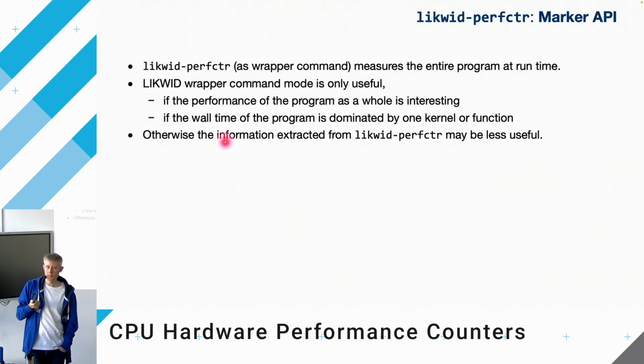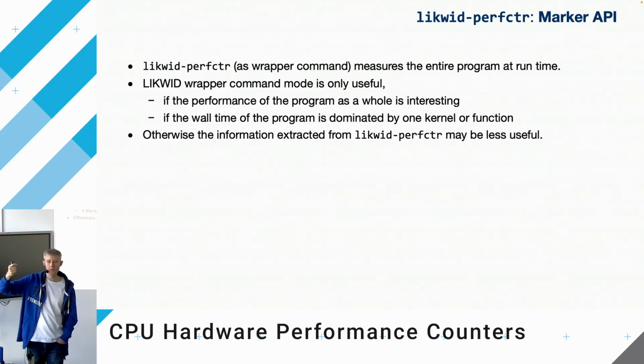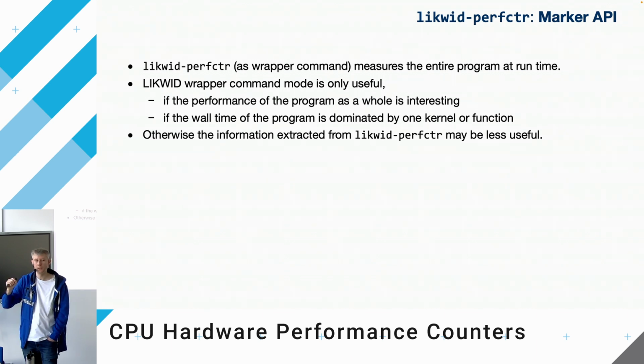And we have this marker API. LIKWID works with any program, so you can give it just a binary to execute, and LIKWID then reads out the CPU counters, but you can have a more in-depth look inside of your code. If you can recompile your code, you can add some certain markers, then the LIKWID library is included in your program, and it will talk to LIKWID.